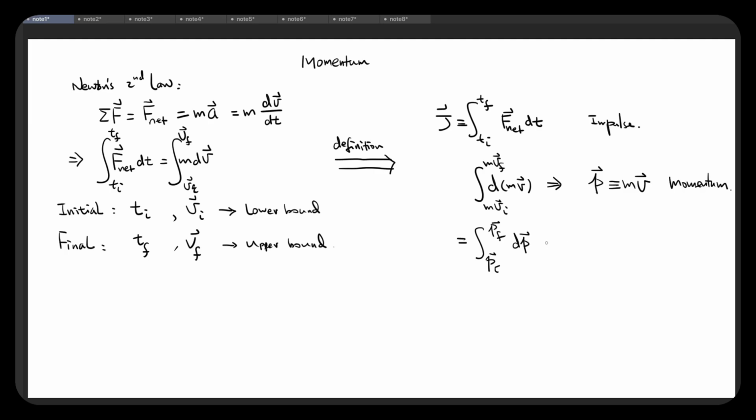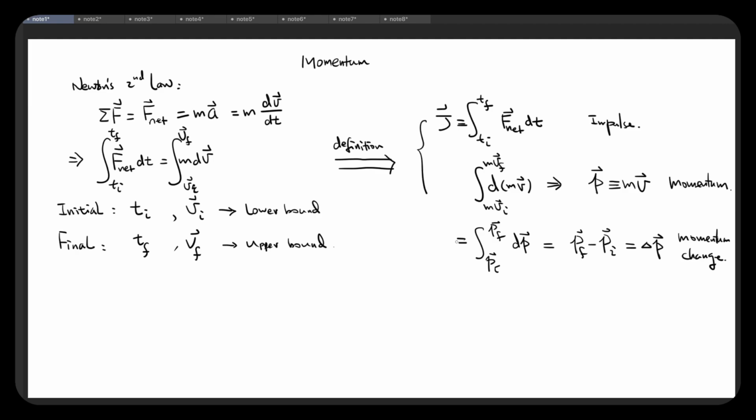That integral gives us p final minus p initial, which we call the momentum change, delta p.